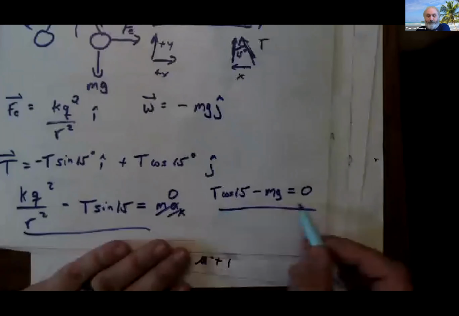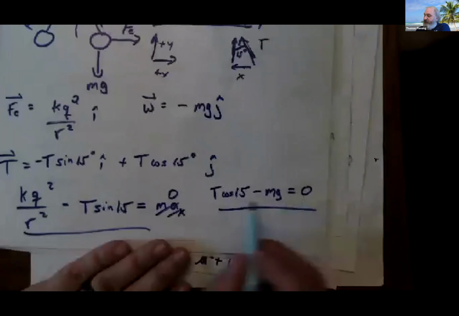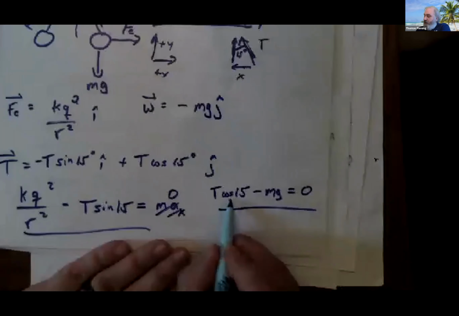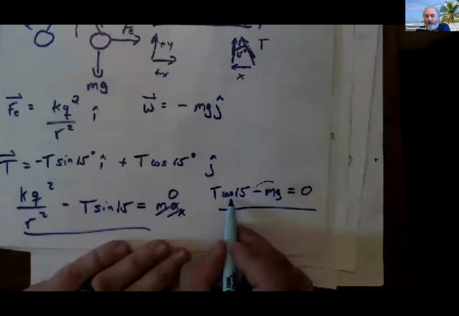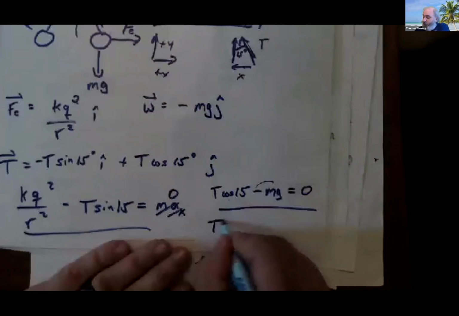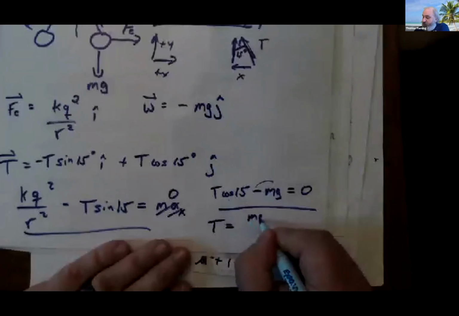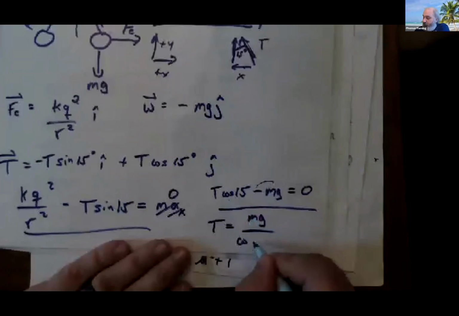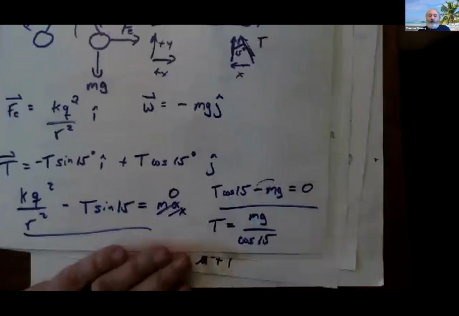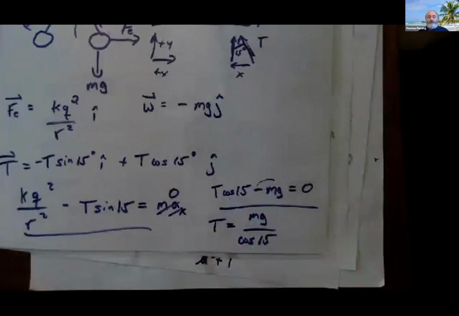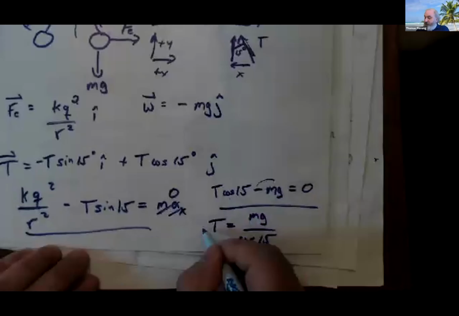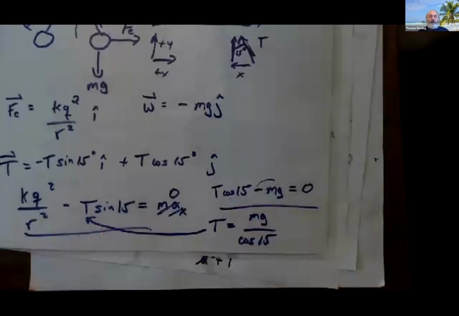If I get T by itself, I'd add mg to both sides, and then divide by the cosine of 15. So T equals mg divided by the cosine of 15. So far, so good? Let's take this expression for T and plug it in over here. Now T is eliminated.